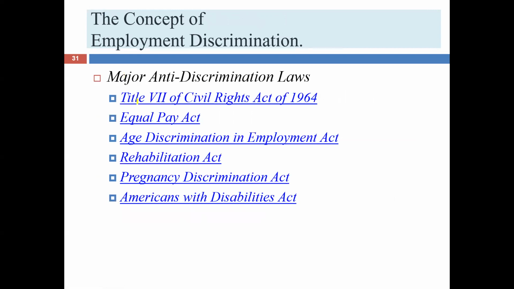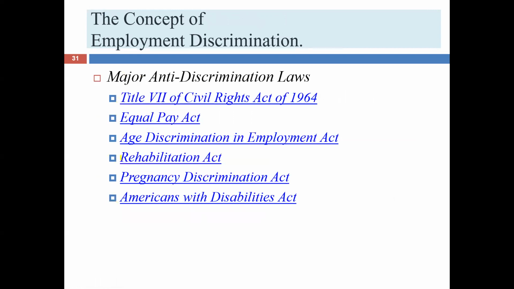So we've talked about Title VII, we talked about the Equal Pay Act. Actually, it would have been better if I'd put this one on top, wouldn't it? We've talked about the Pregnancy Discrimination Act, which was an amendment to Title VII, but we also have the Age Discrimination in Employment Act, ADEA, and we have the Rehabilitation Act, and that is very similar to the Americans with Disabilities Act.